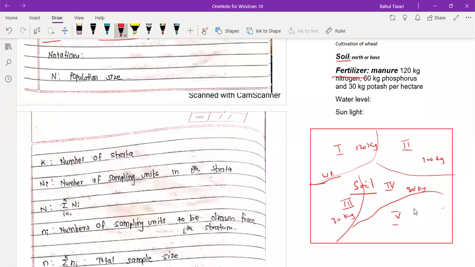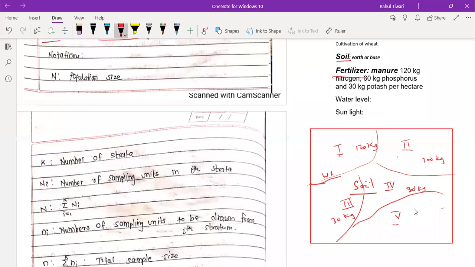So what I'm trying to say is, within plot one all are homogeneous. But between one and two, I'm using a different type of fertilizer, which is not nitrogen 120 kg. I can use phosphorus here, I can use potassium here.